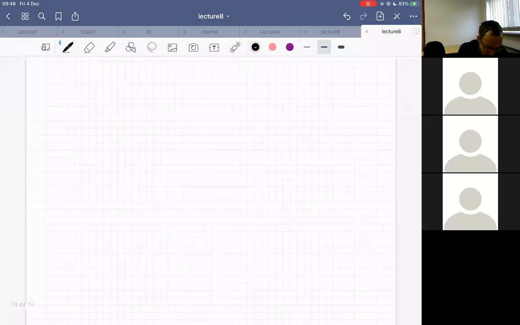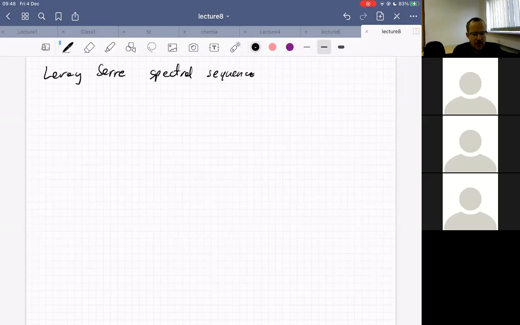So this is referred to as the Leray-Serre spectral sequence. Nicolaescu doesn't prove it, but he refers to some proof in Hatcher's book, in theorem 235 in Hatcher, assuming that this is the Hatcher book.